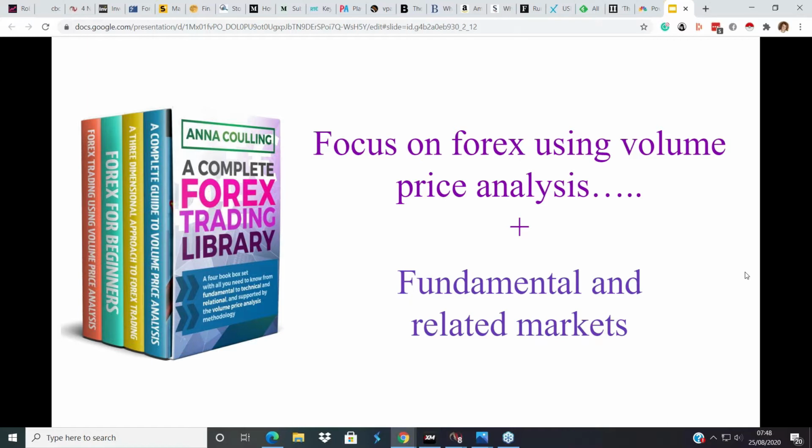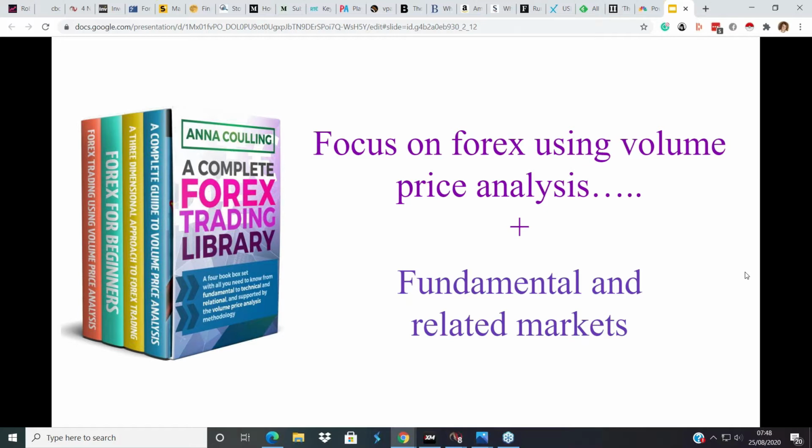And with regard to the forex market, not only do we look at the charts, but we look at what's happening on the fundamental news release side, and we also look at related markets. And this is perhaps another element that I know a lot of traders, until now, have probably not paid very much attention to.